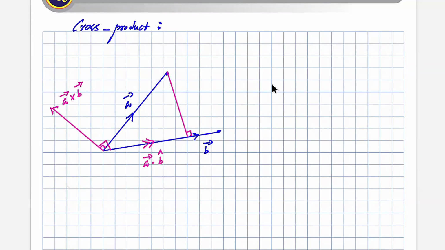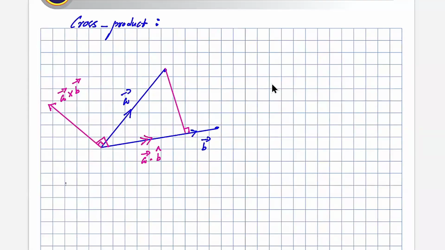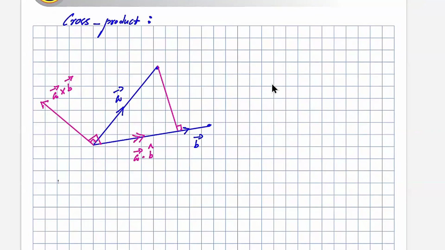Right. So the definition of cross product is this. Oh, 1 second. Yeah. So the definition is A vector cross B vector is equal to A vector mod, B vector mod, sine theta.